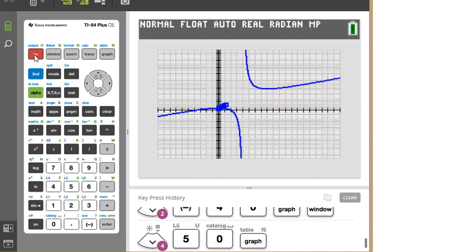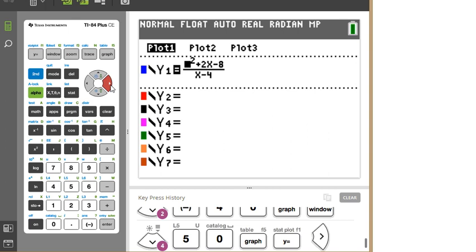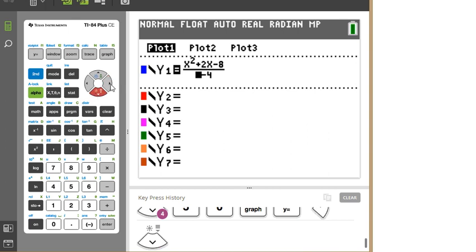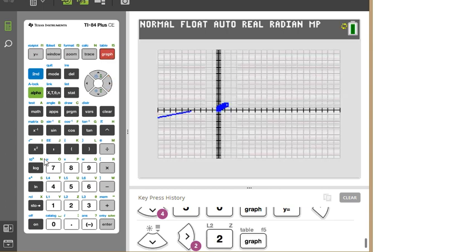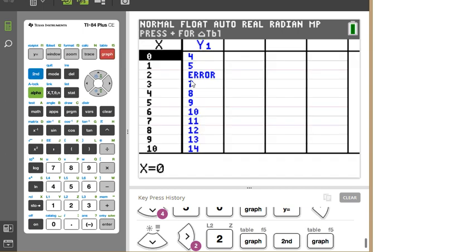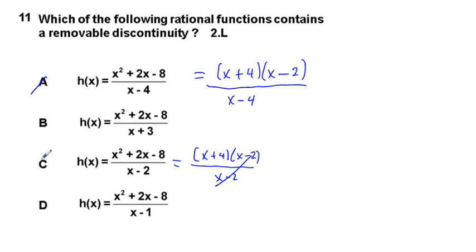But if we put in our correct answer, which is C, with our denominator x minus 2, what are we going to see here? A line. We will only see the discontinuity in our table view, where we look at 2, we see 2, we have an error. We don't see it when we graph. C is our correct answer.